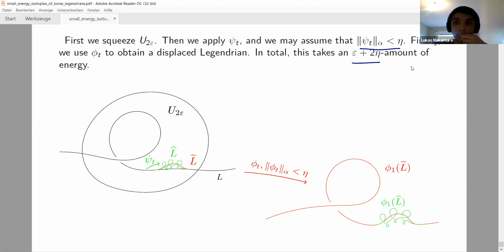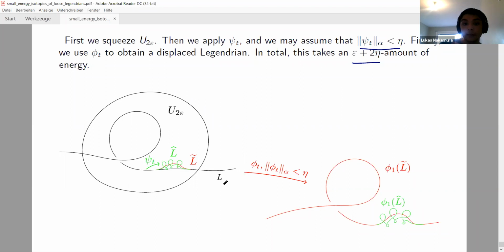And maybe let me just mention that you can actually do this whole procedure C0-closely. Of course, you don't get a C0 bound on this psi, but you can, in a certain sense, get a C0 bound on this phi.